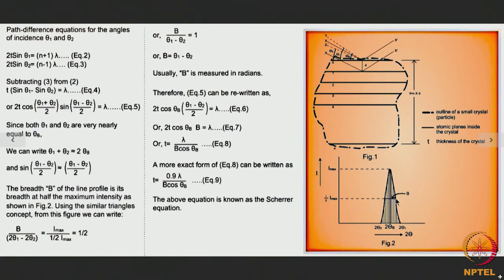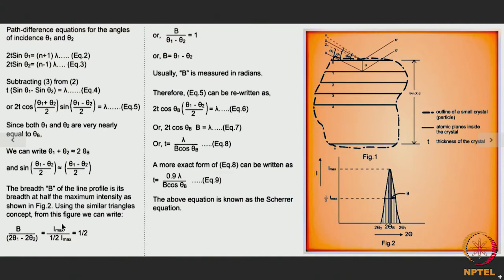Now, from this triangle, by similar triangle concept, we can write b, this width of the line here, divided by 2 theta 1 minus 2 theta 2 is equal to half I max by the entire I max. Here it has been written the other way around, there is a mistake here.